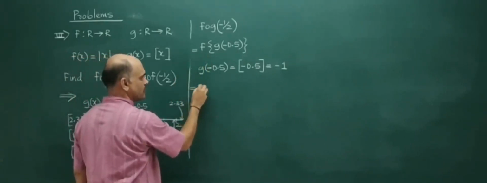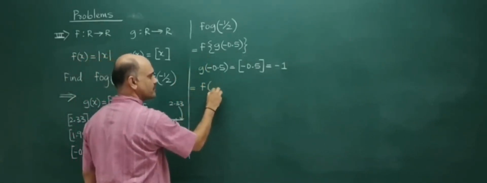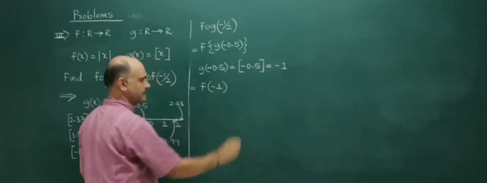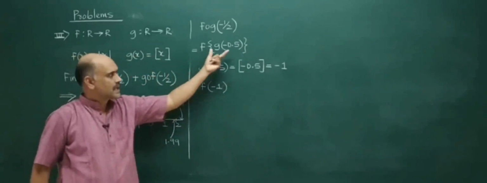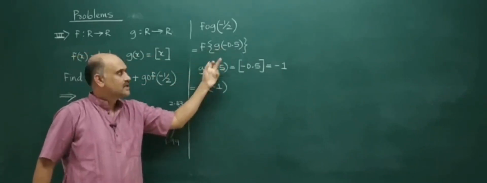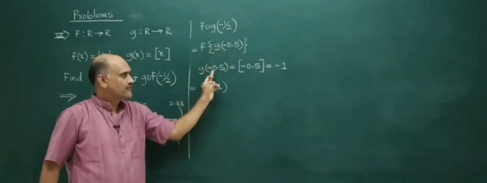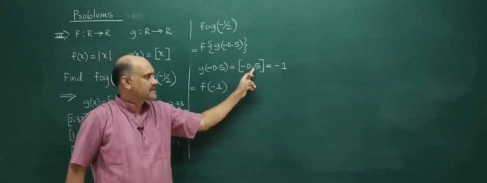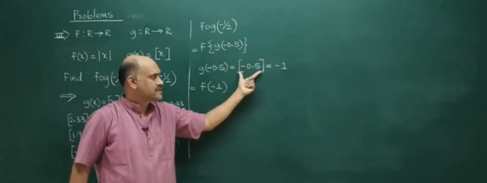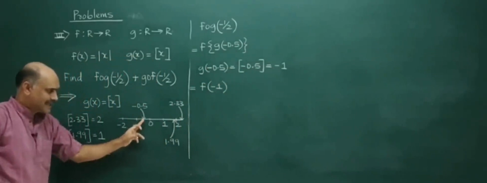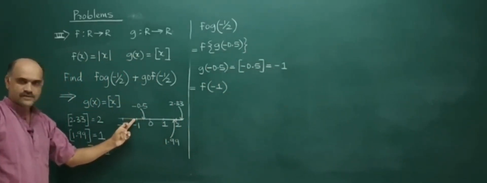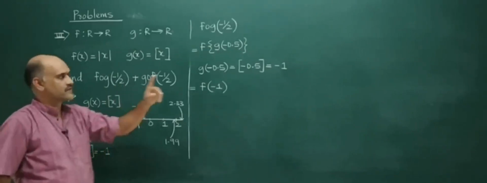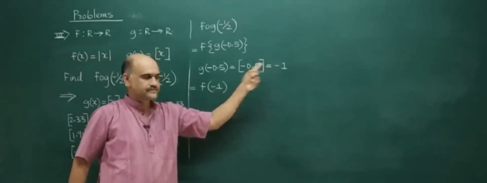Therefore f of minus 1. Clear, students? The greatest integer of this value will be left of minus 0.5, so the integer to the left of minus 0.5 is minus 1.